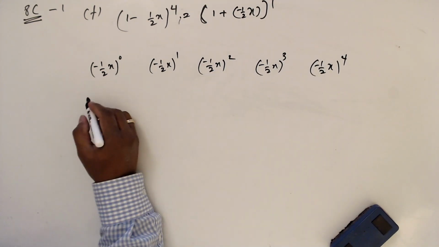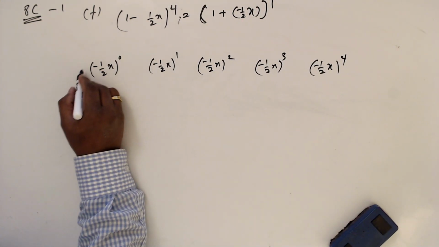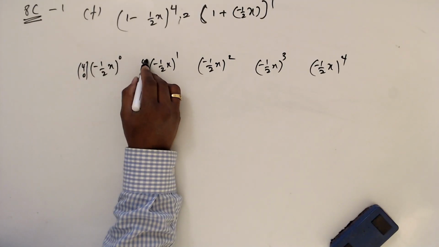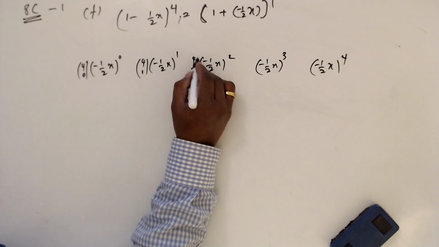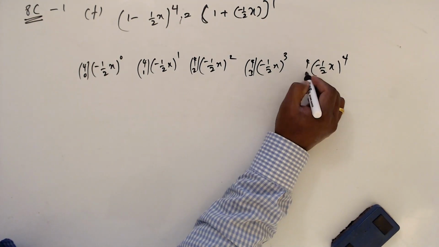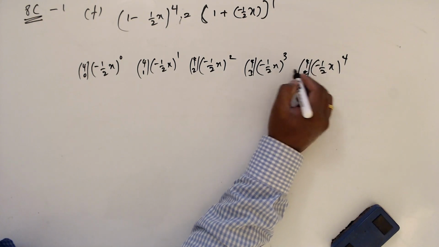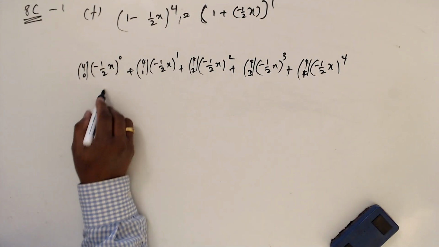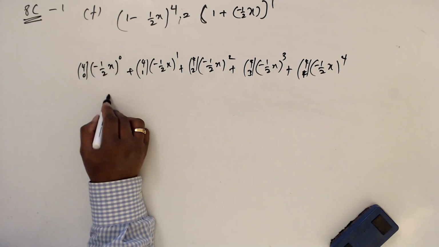4, and this is 4C0, 4C1, 4C2, 4C3, 4C4. So this is going to be all 1.